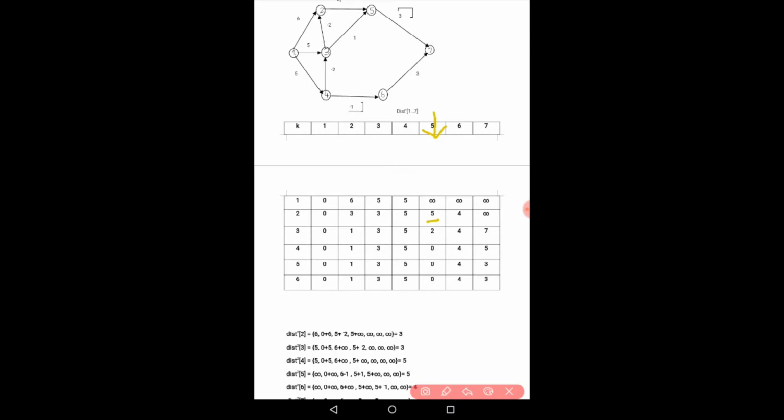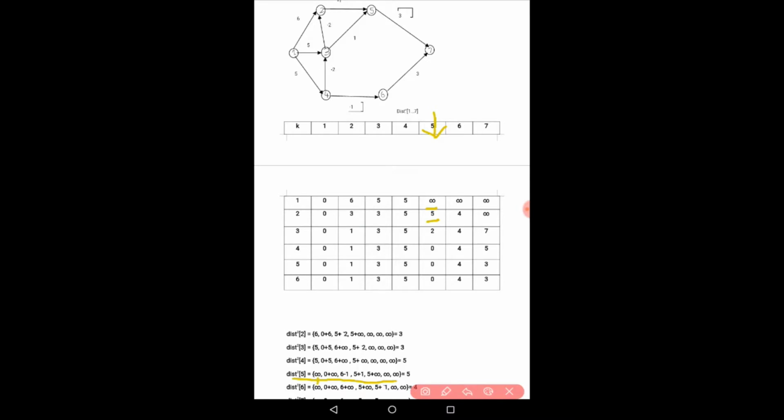How will I write it? This is the one I have to fill now. Minimum value, distance to 5. The previous value of the current node I will get from the just previous row, that is infinity. So I have written that value here.